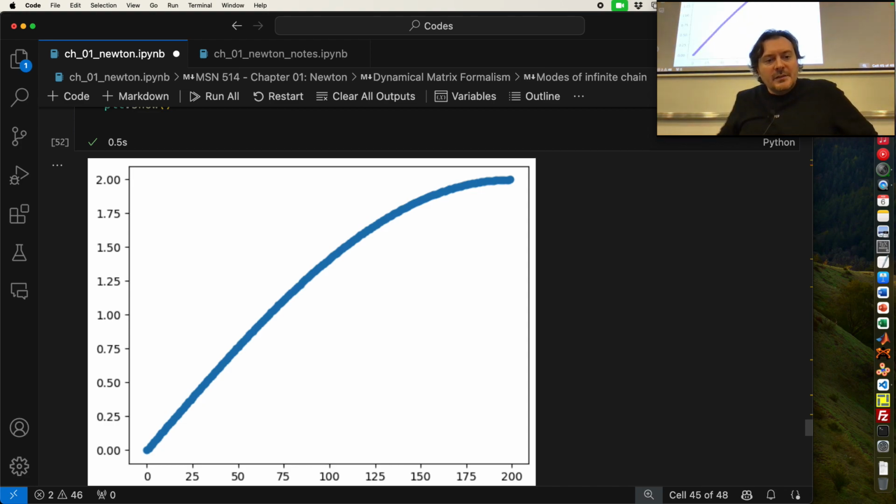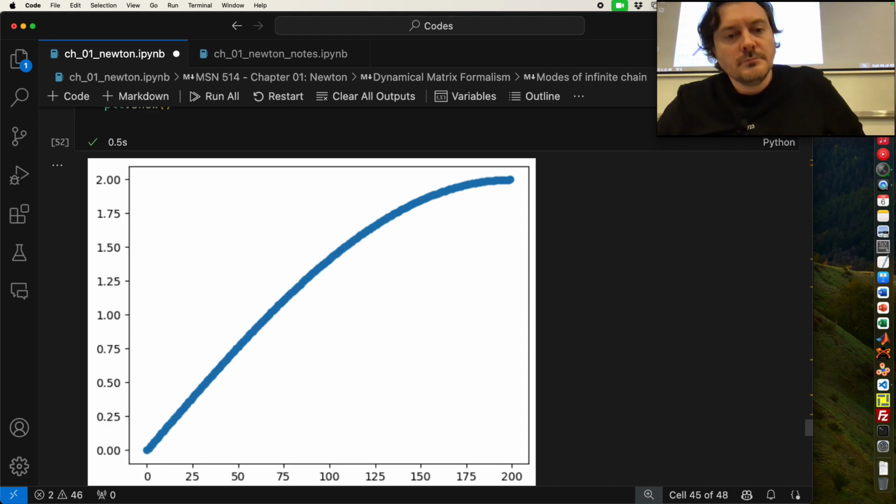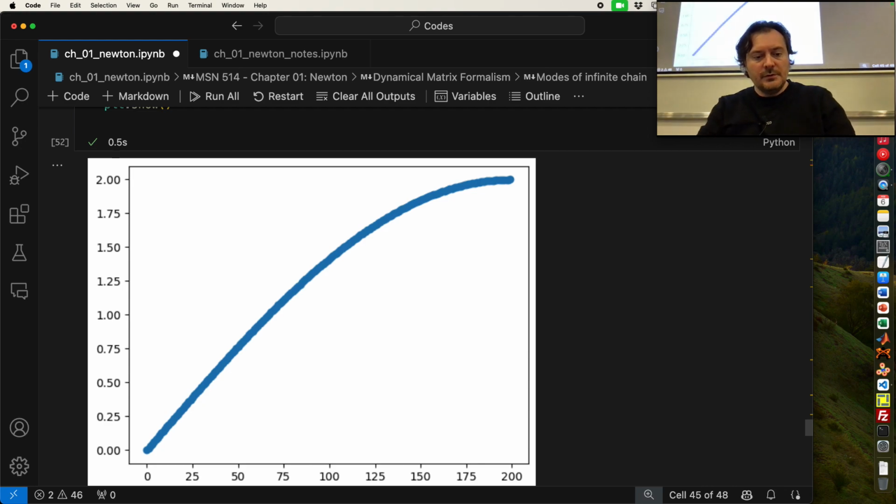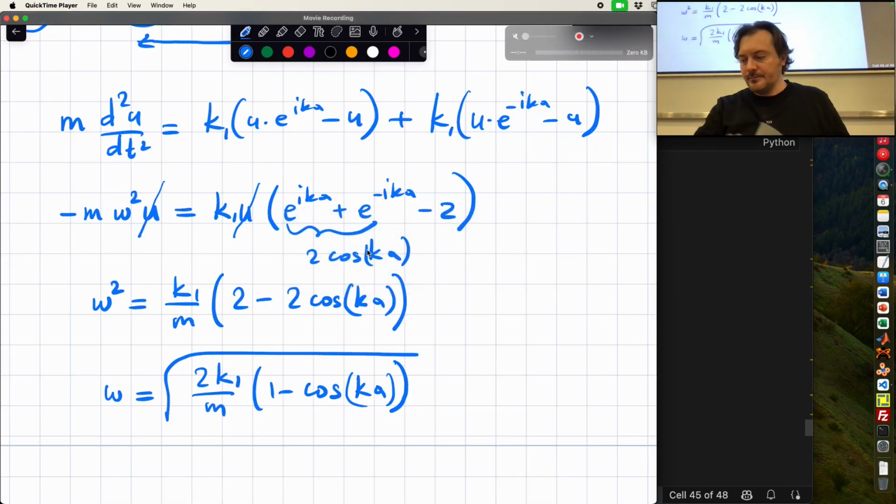So what is this curve? This curve is called the dispersion relationship.